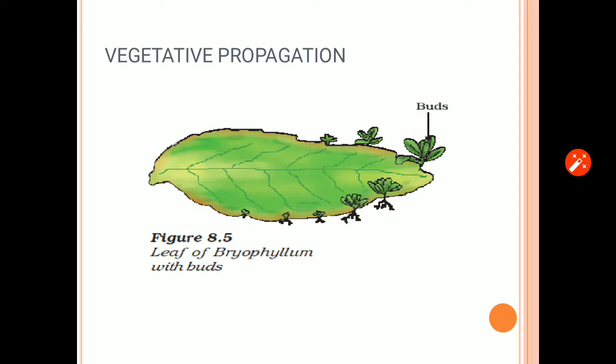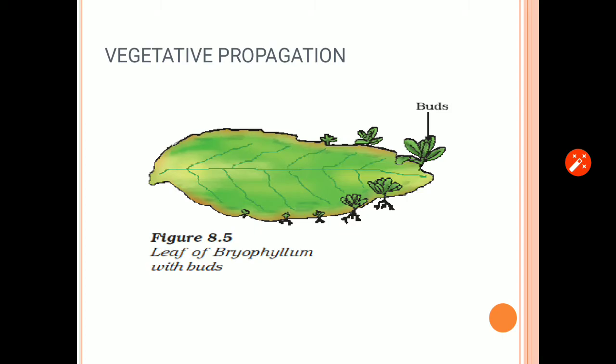In the leaf, there are notches at the edge, and each notch has a bud. When the leaf falls off on the soil, in contact with the soil, the buds germinate to form new plants.